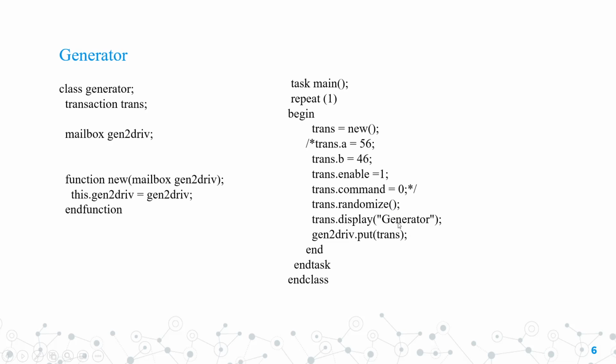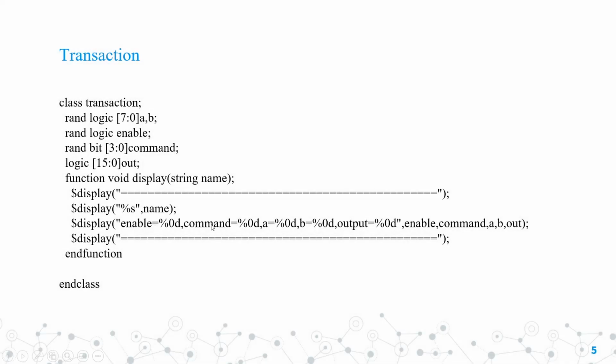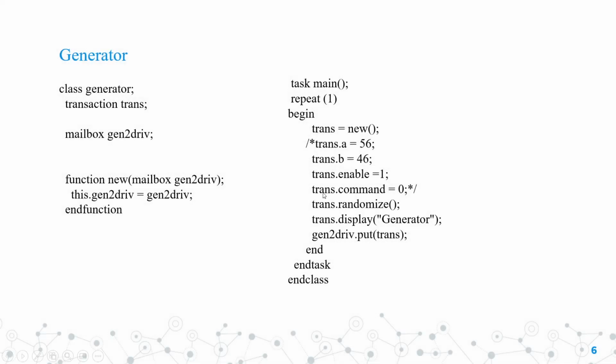I am calling the display function in the transaction class by sending a string called generator, so that it will print a line and the name we have sent. The generator will be printed, all the data will be printed according to the randomization, and all the data will be put into a mailbox called gen2drive.